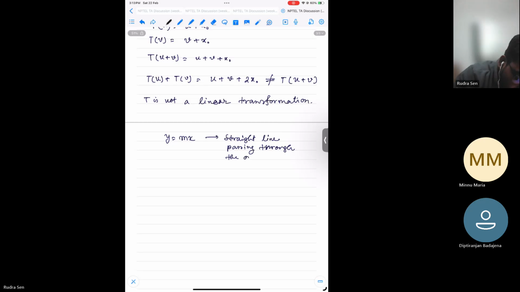This line satisfies all the linear properties. That's why this is a linear function.